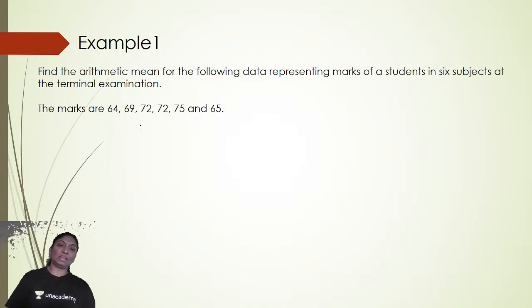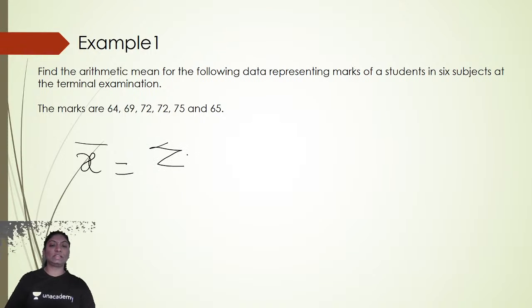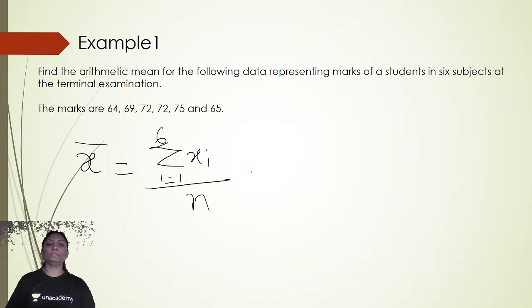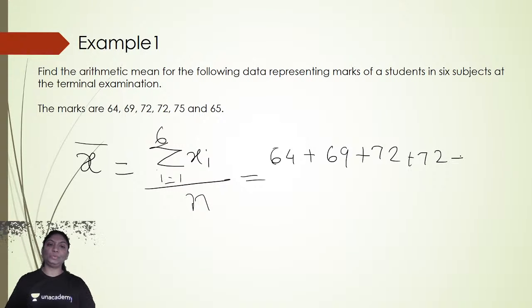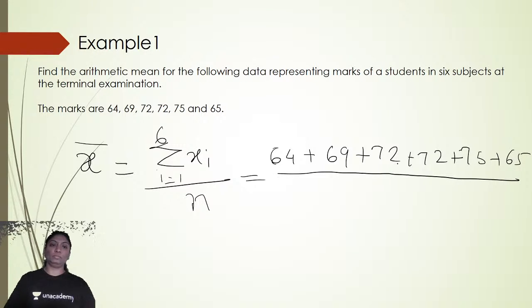So what is our formula? This is discrete data, right. So what will our mean be? Mean x bar is equal to sum of xi, varying from 1 to 6, divided by n. So you can calculate 64 plus 69 plus 72 plus 72 plus 75 plus 65 divided by the total number of observations, which is 6.